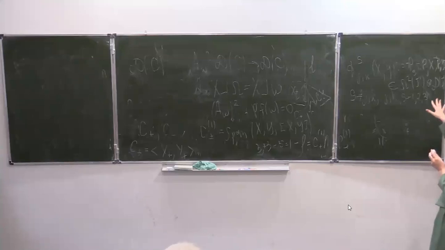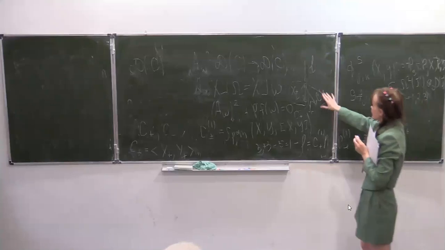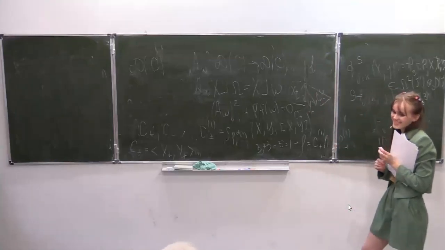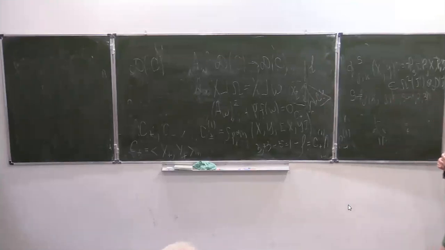P projection. This distribution. What is a straight line?